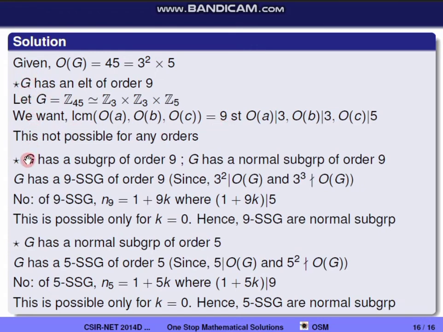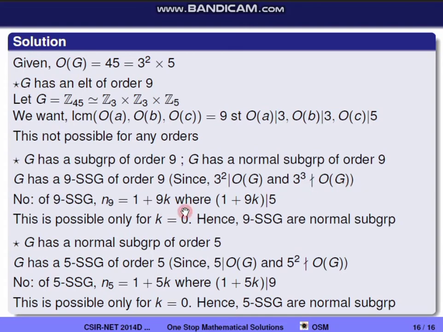Second option, G has a subgroup of order 9, or third option, G has a normal subgroup of order 9. G essentially has a 3-Sylow subgroup of order 9, since 3² divides the order of G but 3³ doesn't divide the order of G. So it is from the second concept.